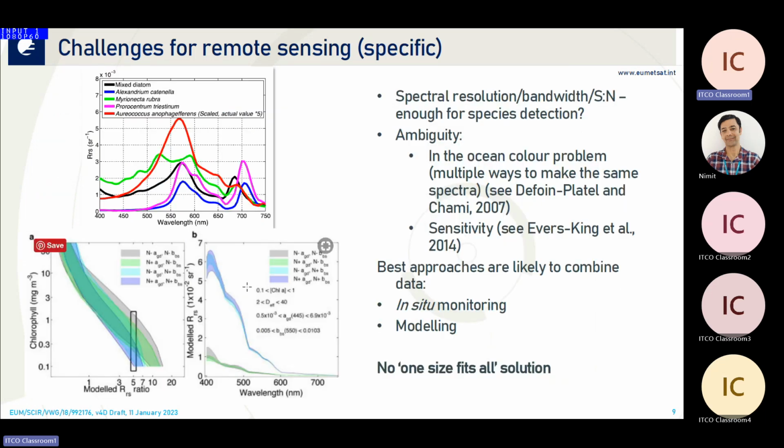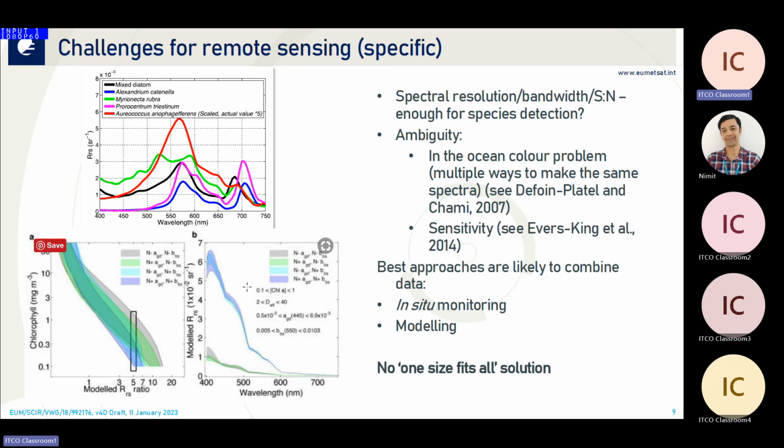So specifically for HABs, you have seen during the course, and you know about those things more than me at this point, that if we go to the lab and we have different types of species of phytoplankton, we can derive a signal in the remote sensing that is quite distinct. So we are able to differentiate among different types of species.